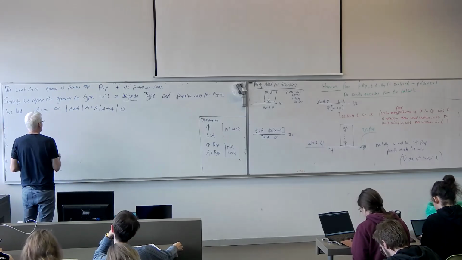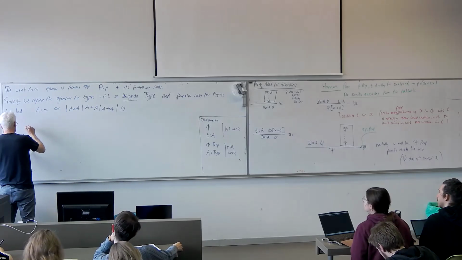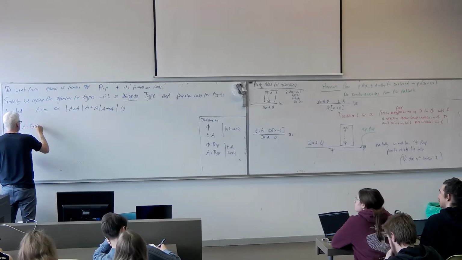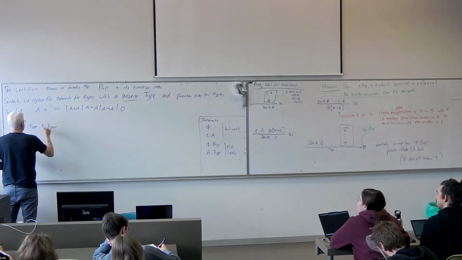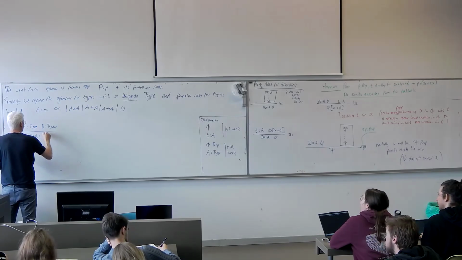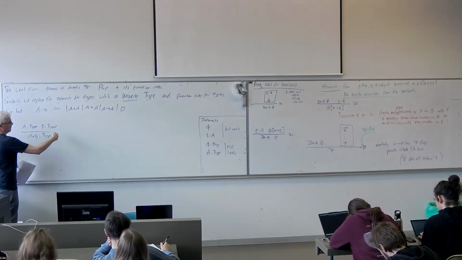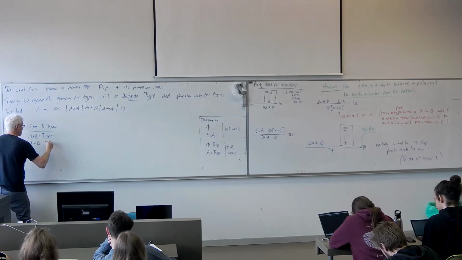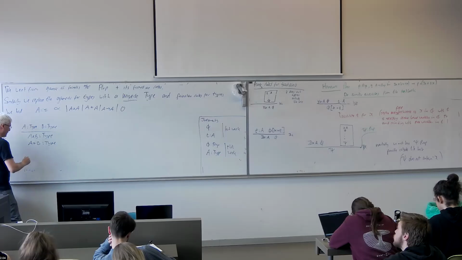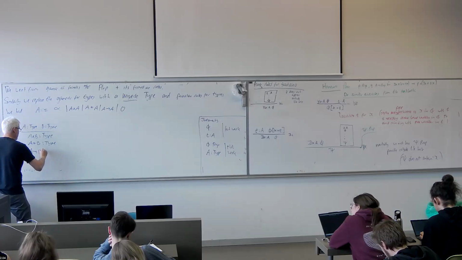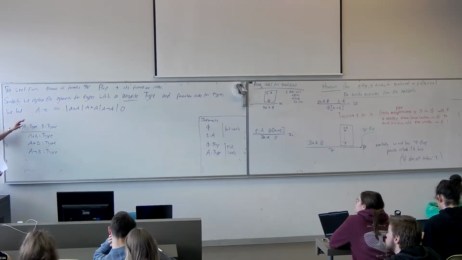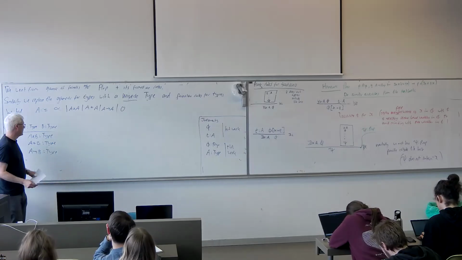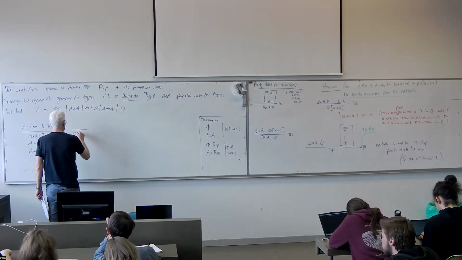So that's just replaced by assumptions. We simply have the rule that if A is a type and B is a type, then A times B is a type. We have the same rule that has as a conclusion A plus B is also a type, and the same rule that has as a conclusion A arrow B is a type. So whenever A and B are types, we can form the product, the sum, and the function space. And the last rule is the axiom that 0 is a type.